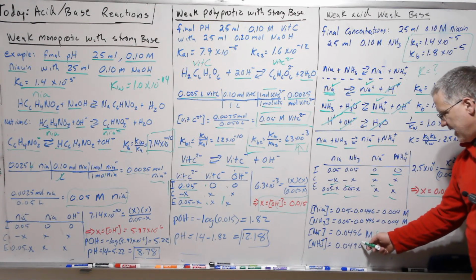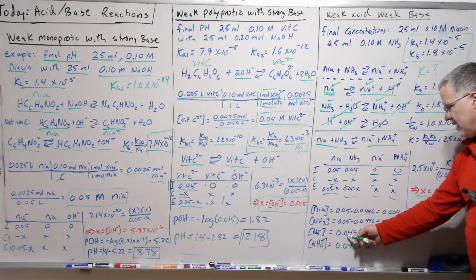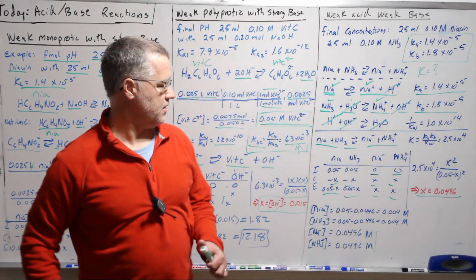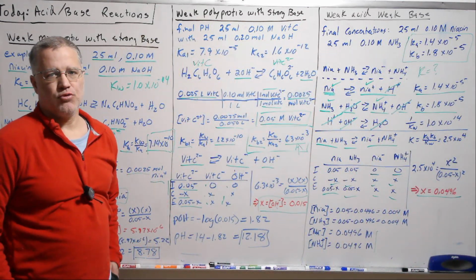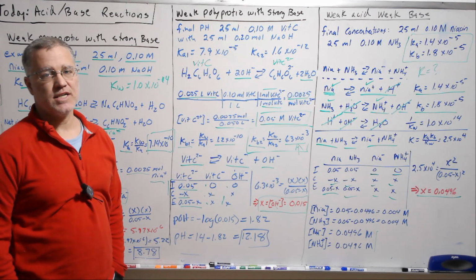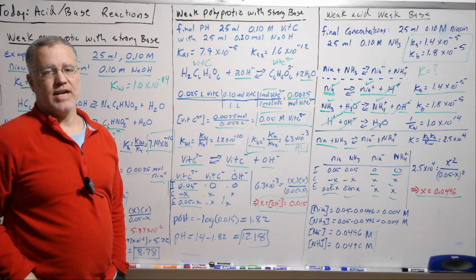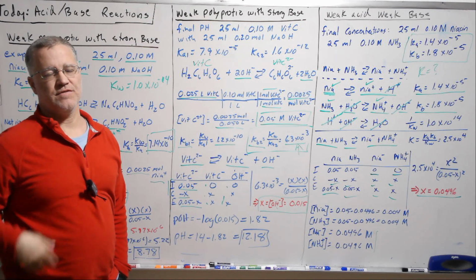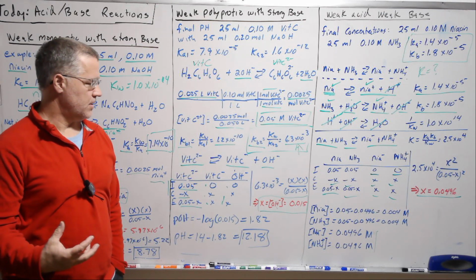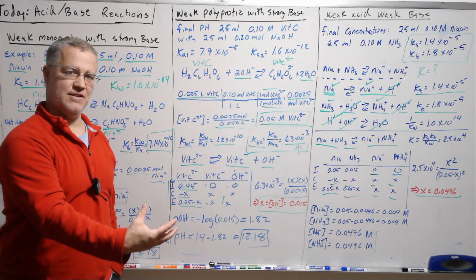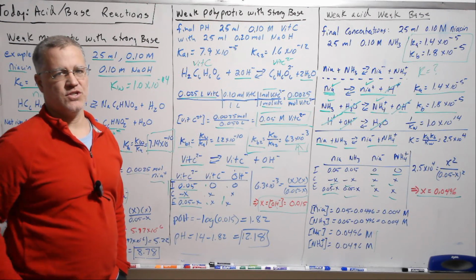And so we end up with almost, but not quite, full conversion over to ammonium and deprotonated niacin. As we would expect the reaction to shift way over there, because we're reacting an acid and a base, which is a very favorable reaction. It's weak acid, weak base, so it won't be completely over like it is with a strong acid, strong base.